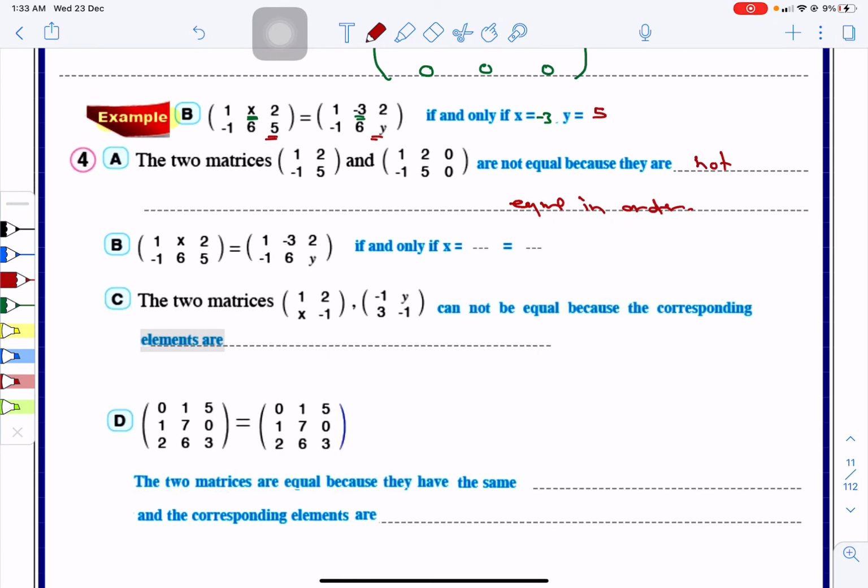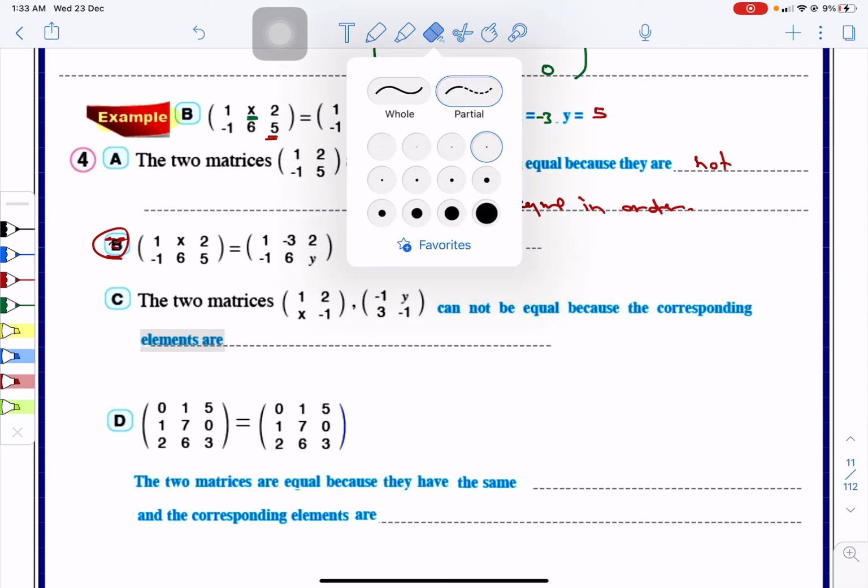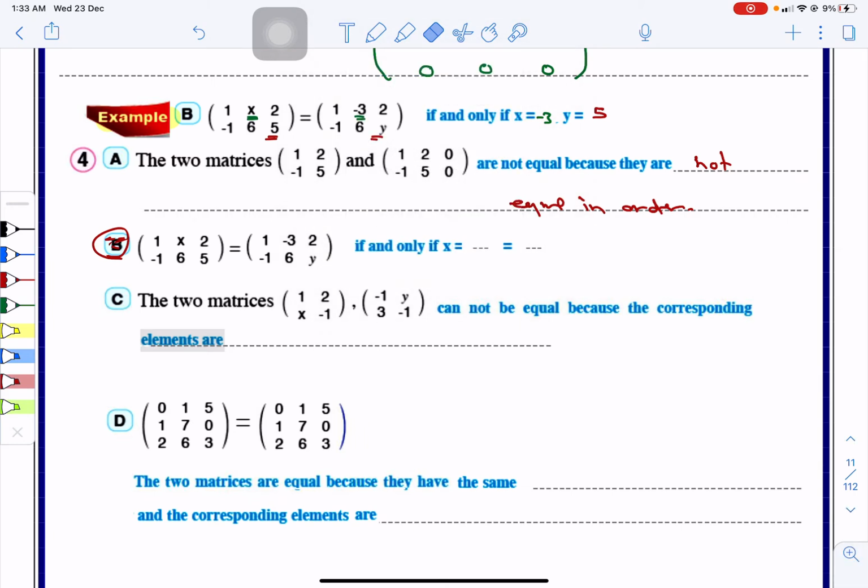In this example B, if the two matrices are equal, then the value of x here equals negative 3 and the value of y here equals 5.